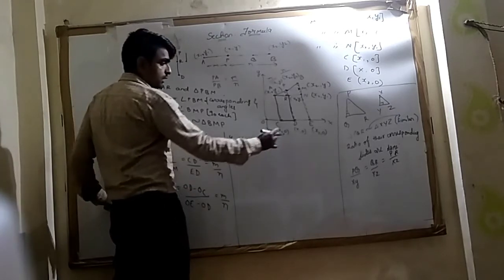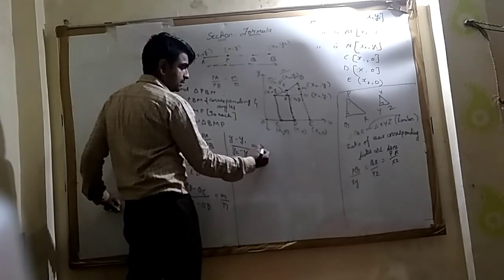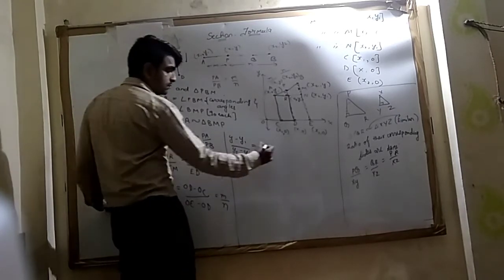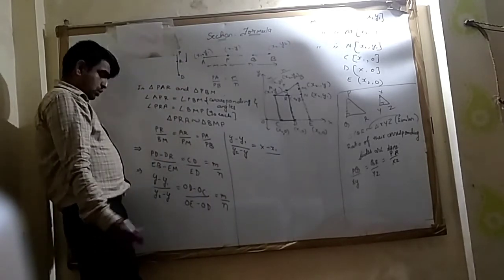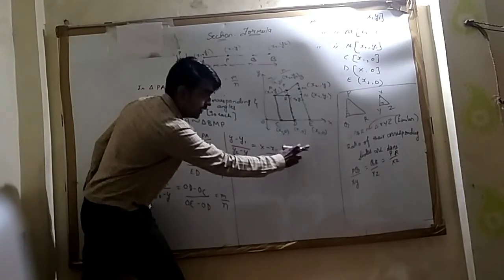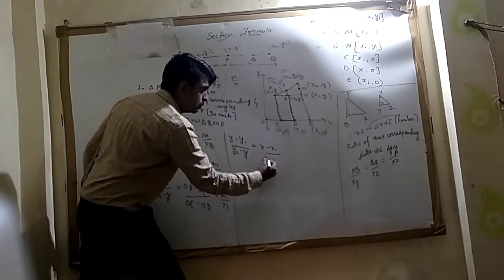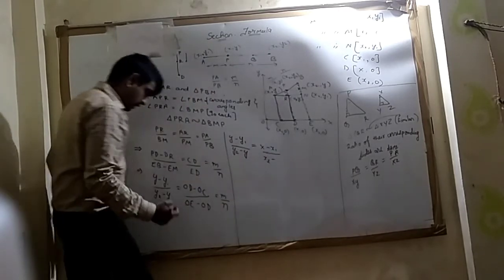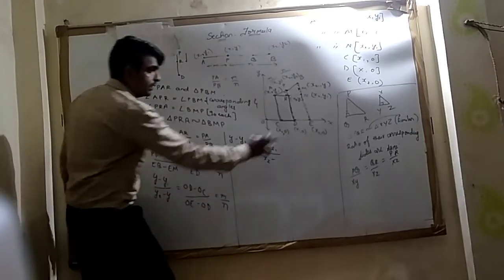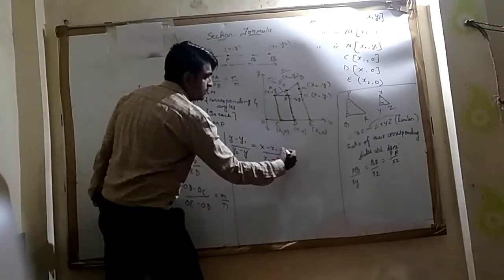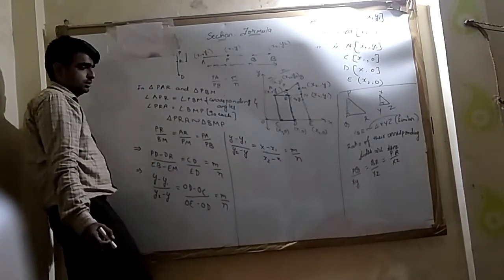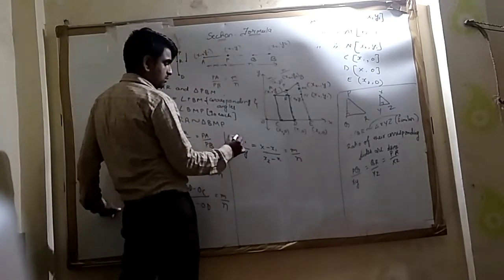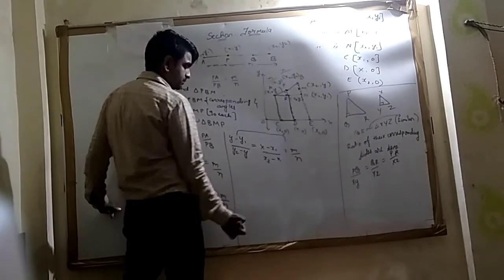OD is X and OC is X1. OE is X2 and OD again is X, which is equal to M by N. Now I am equating first these two.